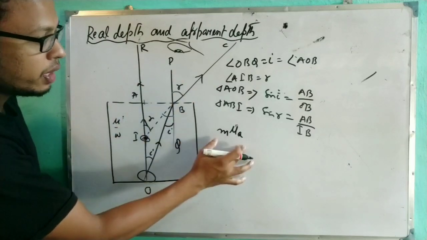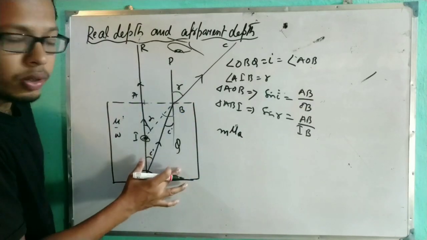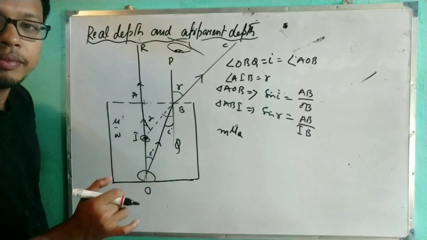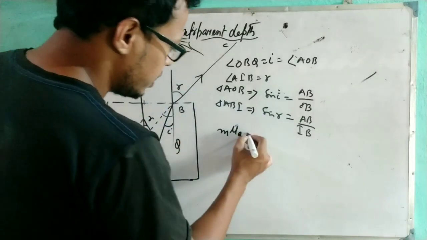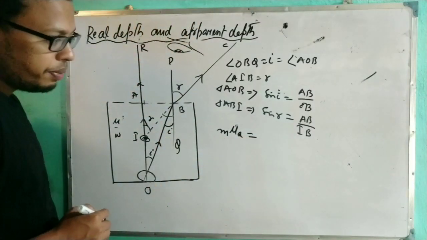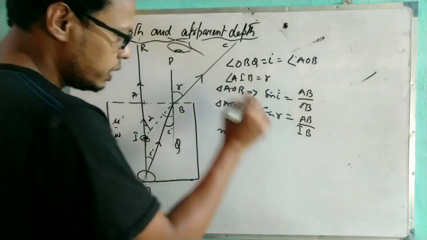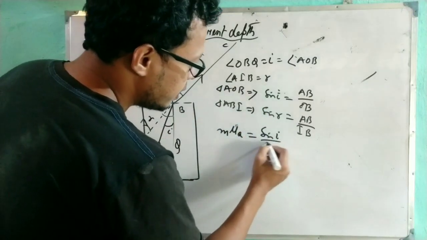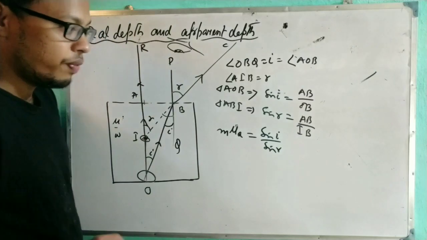That's why medium to air. If the ray comes from air to medium, then A mu M. That's why here I have written M mu A. It equals sine I divided by sine R from Snell's law of refraction.